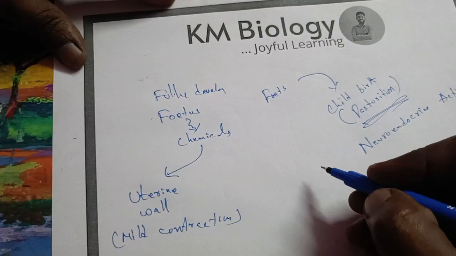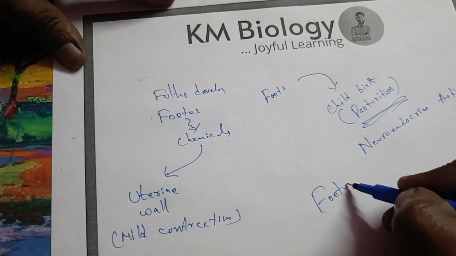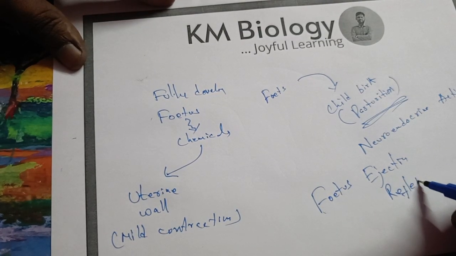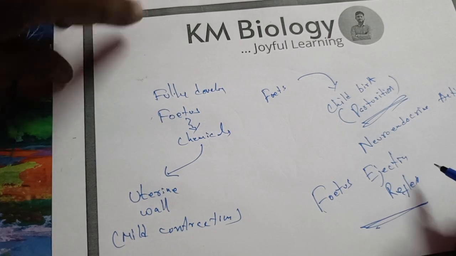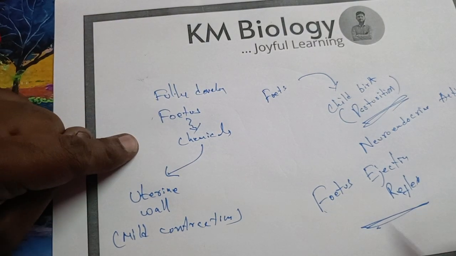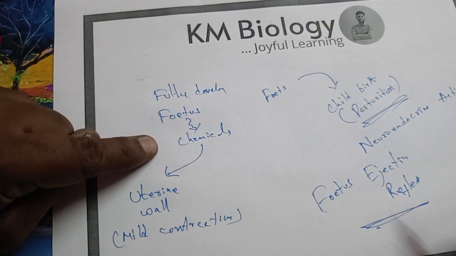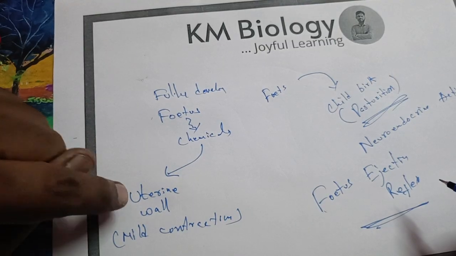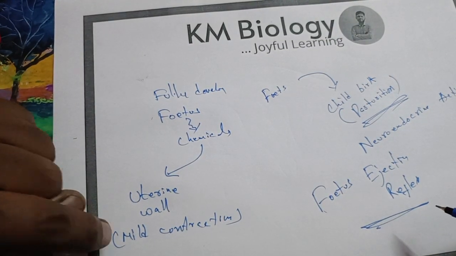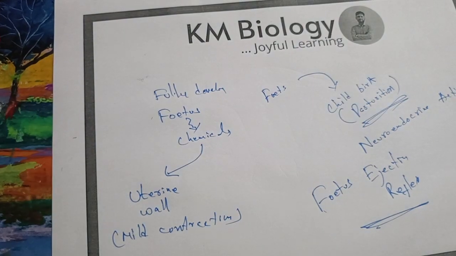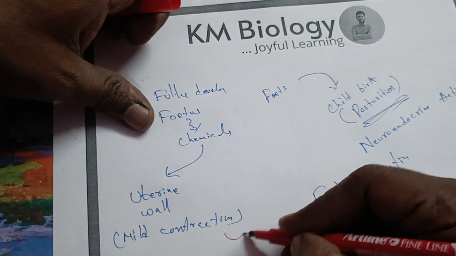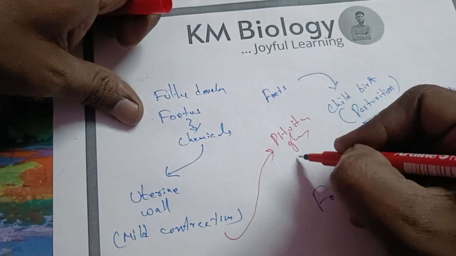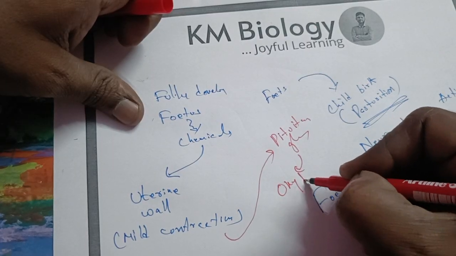This is what we call the fetal ejection reflex. It is due to the fully developed fetus releasing certain chemicals which stimulate the wall of the uterus of the mother, producing mild contractions, and these mild contractions will stimulate the pituitary gland to produce a hormone called oxytocin, right?